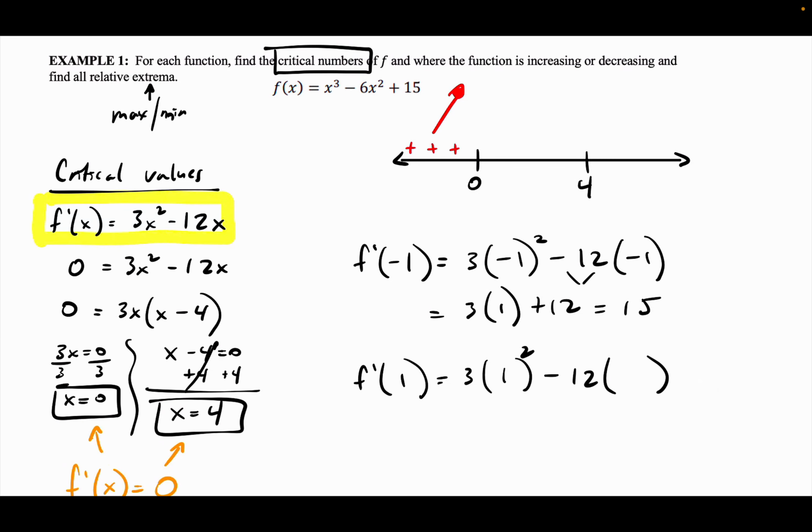So I'm plugging it into the first derivative again. So I get 3 minus 12 is negative 9. So any number I would have plugged in, if you plugged in 2, you'd still get a negative. If you plugged in 3, you would still get a negative. That means the original function was decreasing from 0 to 4.